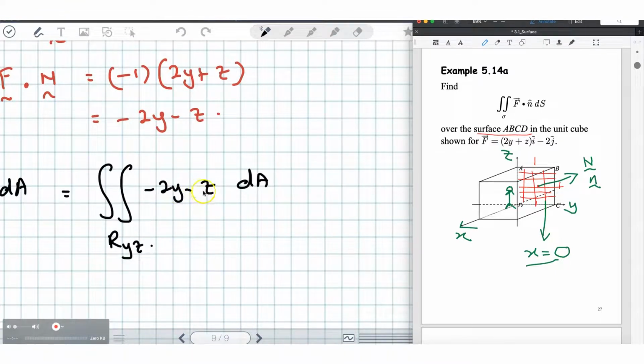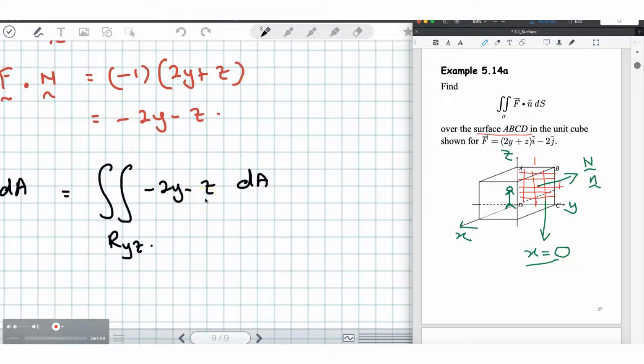That's why I always put our region lying on YZ, because this will always guide me to directly check whether I have the correct integrand or I have to change. Now you can see our region is on y and z, so the allowed variables are only y or only z or y and z. There is no x. So it looks like we have no problem here.